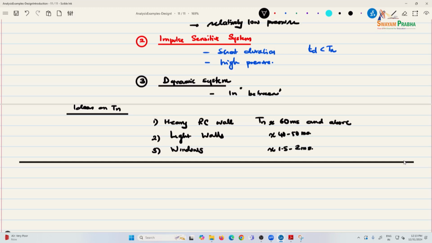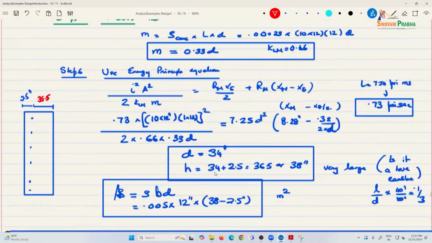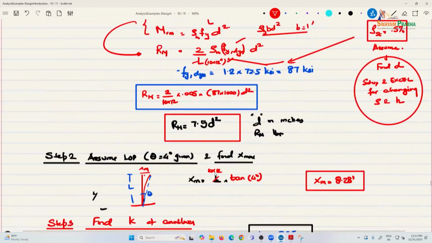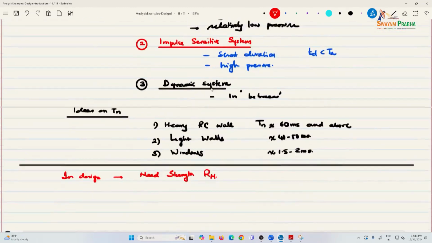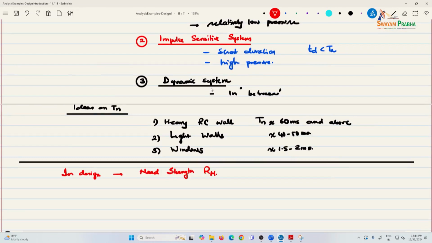So, the goal in design is that we need the strength Rm. In the example here, Rm was what was needed, in terms of d square. So, we need the strength, and once you have the strength, you can use any design procedure that you know for that particular system.